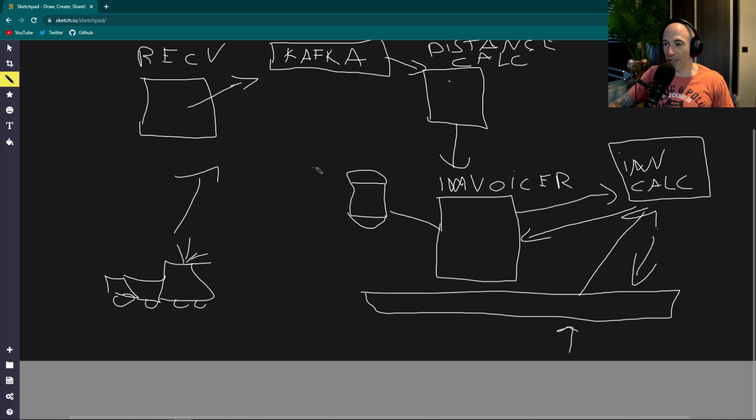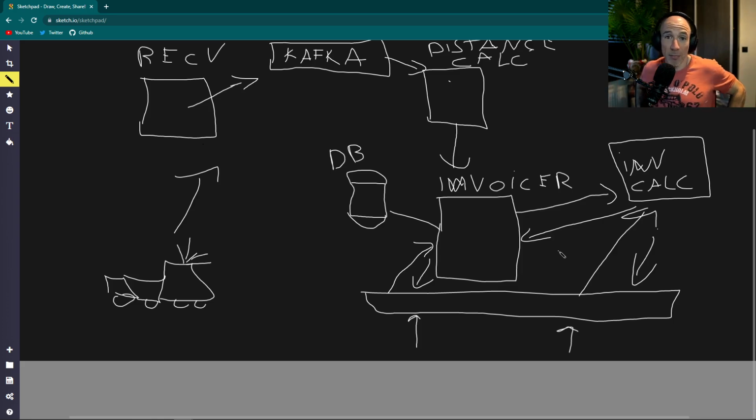What DB it is, I don't know. Maybe a time series seems a good approach. And then, of course, in our gateway we'll have another request, which can fetch, not from this DB, that's bad, it's going to use this invoicer to get invoice data back. That's the stack. That's the game plan.